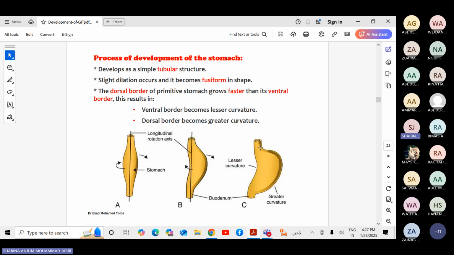This is the ventral border, which will give attachment to the ventral mesogastrium. This is the dorsal border, which will give attachment to the dorsal mesogastrium. The ventral mesogastrium will be attached to the anterior abdominal wall, and the dorsal to the posterior abdominal wall.